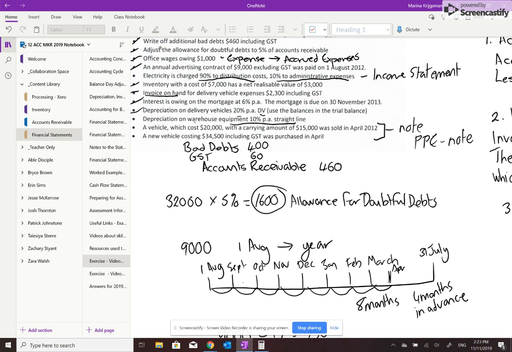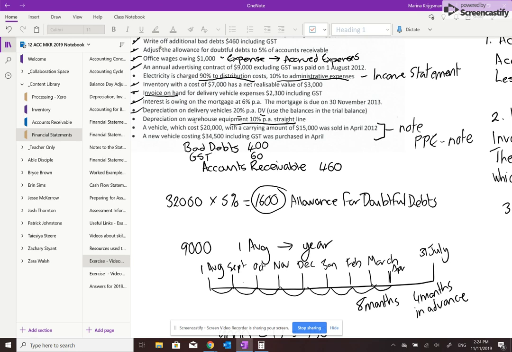The amount is GST exclusive, and it's the full GST exclusive purchase price of the assets recorded. So it includes any delivery, installation, or anything like that.